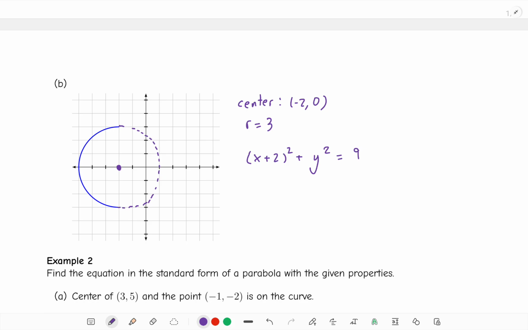Now, to get the equation of a half circle, you either have to solve for x or y. Well, if I look at this, because it's the left half of the circle, that's the same as saying that x values are negative. So since the x values are negative, I am going to solve for x, and hopefully I'm going to get a plus or minus, and then I'm going to choose the negative side. So let's go ahead and do that. Solve for x, subtract y squared from both sides.